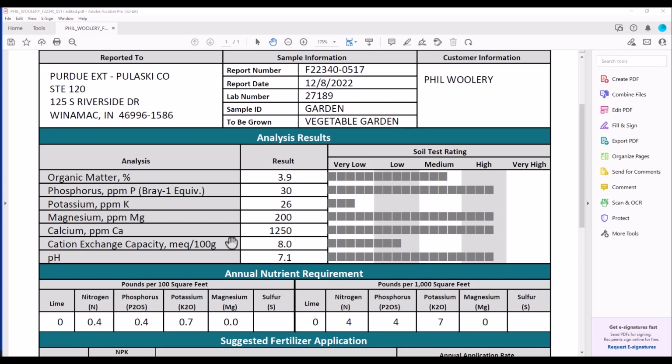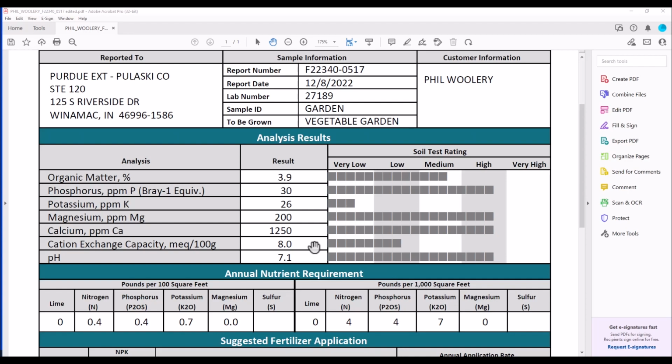Soils higher in clay are going to have a much higher cation exchange capacity than sandy soils, because clay particles have lots of different spots where these ions can attach and be held, as opposed to sand, which has much larger particles with less relative surface area.